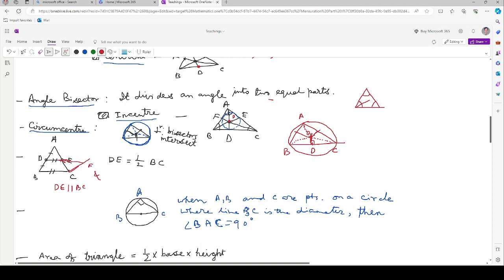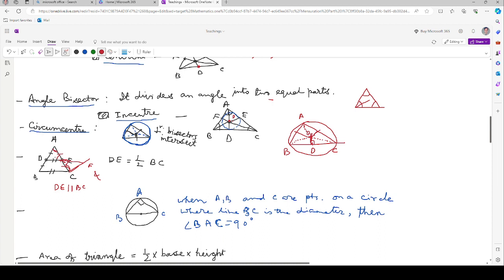It is from a parallelogram, and we know that the opposite sides of a parallelogram are equal. So DF equals BC. For these two triangles ADE and CEF, these two angles are equal since they are vertically opposite angles, and these two angles are also equal because they are interior alternate angles, and these sides equal these sides.